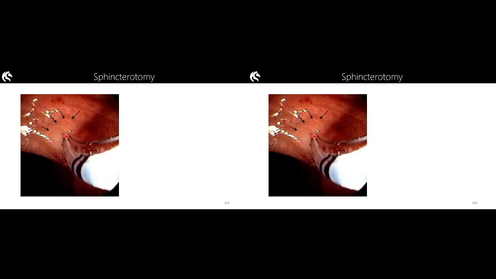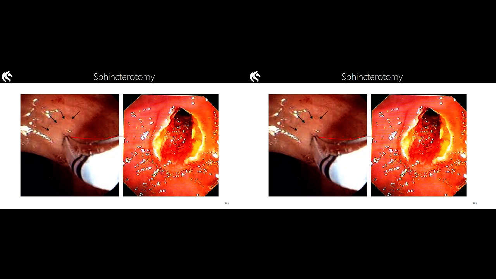Apply tension to create the strongest bowing that they possibly can, so really curve that catheter to make that string nice and tight. Apply a current, slice upwards. You're going to end up with something that looks like that.